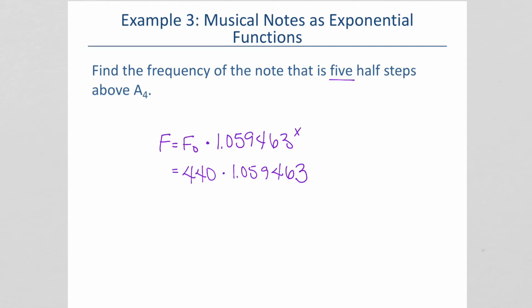And it's 5 half steps, so X is 5. You put that in your calculator, make sure you do the exponent first, and then multiply by 440. Then that note would be 587 hertz.